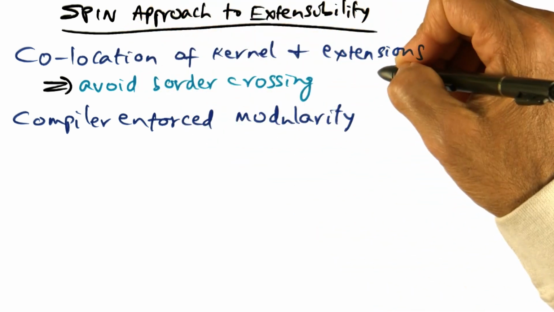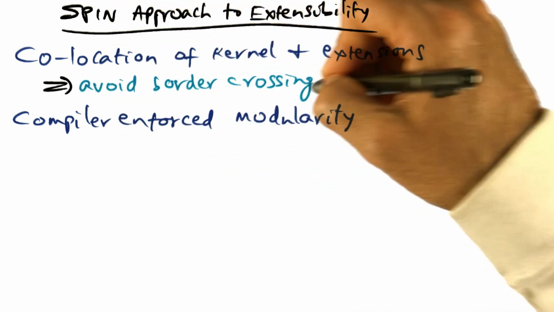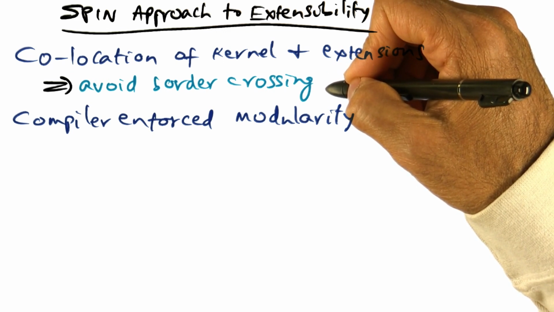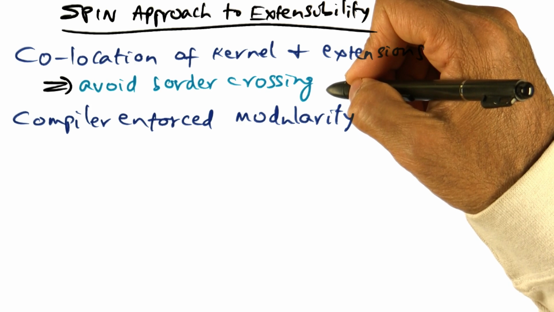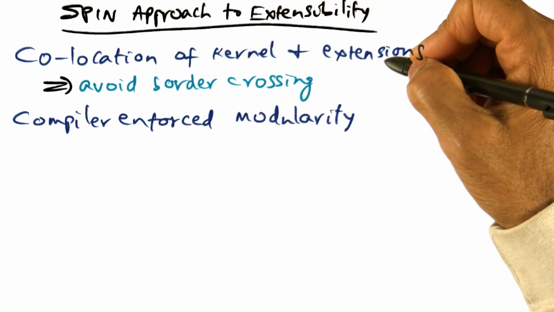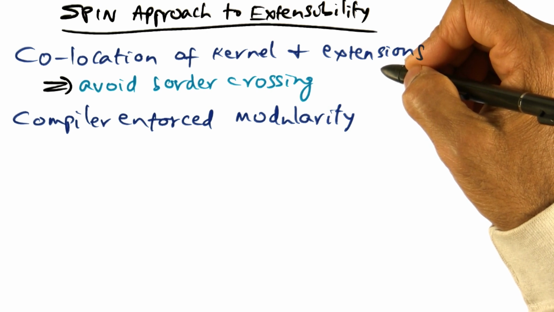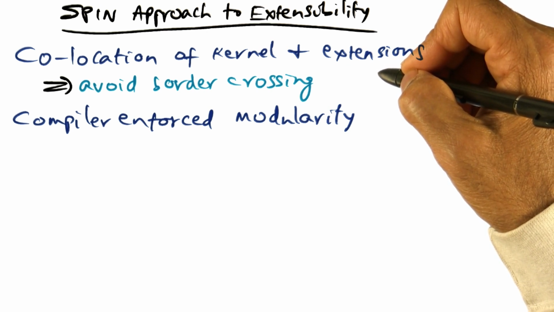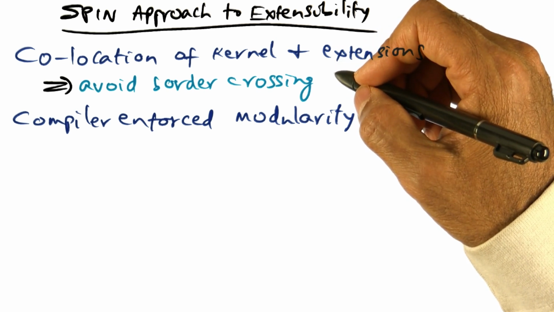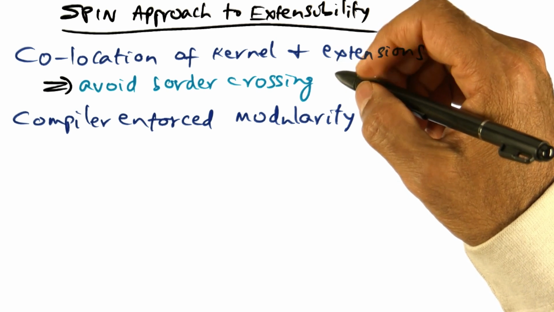And this co-location also means that we avoid the border crossing, which we said is one of the biggest potentials for losing out on performance. But if we're going to co-locate the kernel and extensions in the same hardware address space, isn't that compromising on protection? Wasn't that the strike against the DOS-like structure that we talked about earlier?